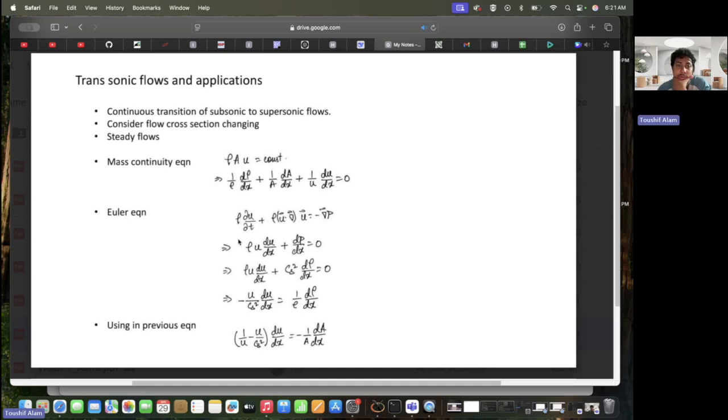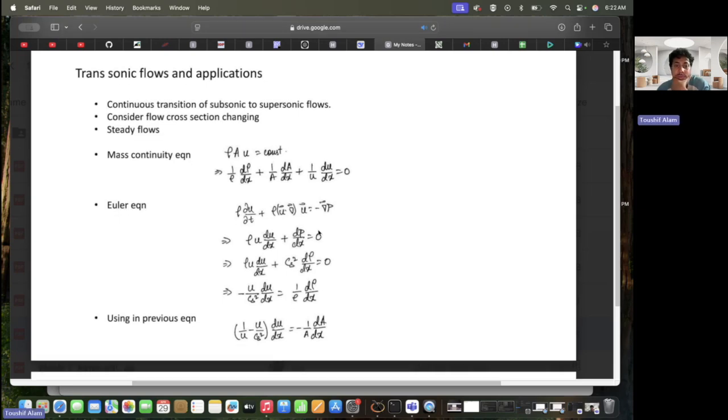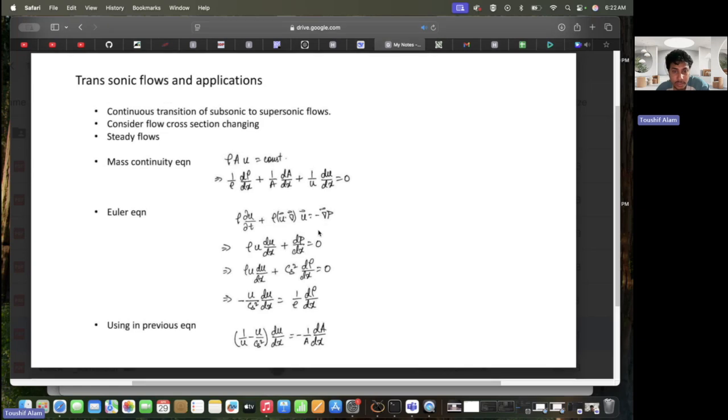Our momentum equation says rho (del u by del t plus u dot grad u) is equal to minus grad p. So rho u du dx plus dp dx is equal to 0. Rho u du dx plus c squared d rho dx is equal to 0, so minus u by c squared du dx is equal to 1 by rho d rho dx. So using the previous equation, (1 by u minus u by c squared) du dx is equal to minus 1 by A dA dx.